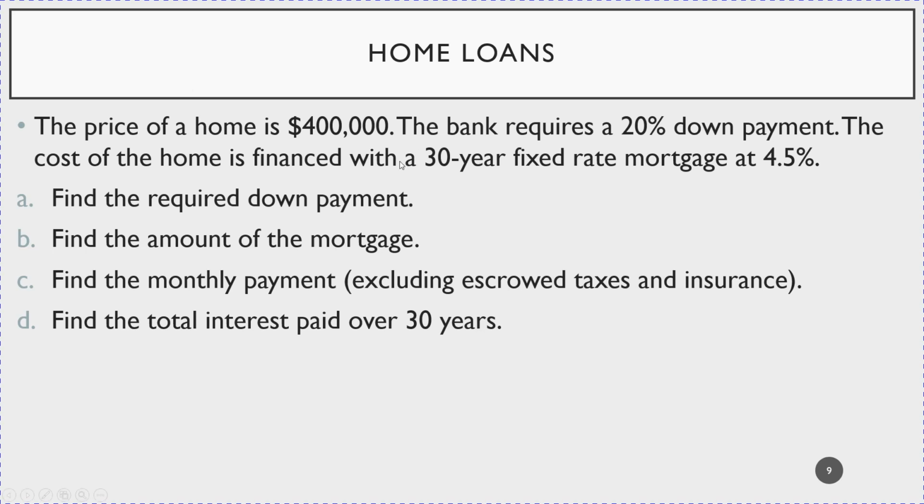Okay. All right, so the down payment is 20% of the home price. So your down payment here is going to be 0.20 times that 400,000.